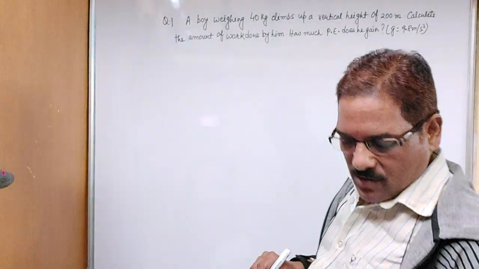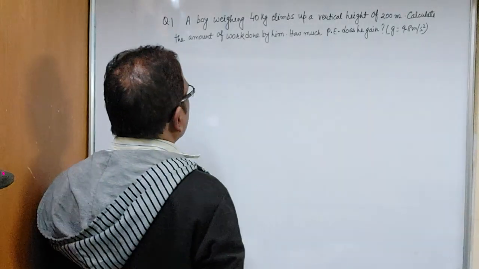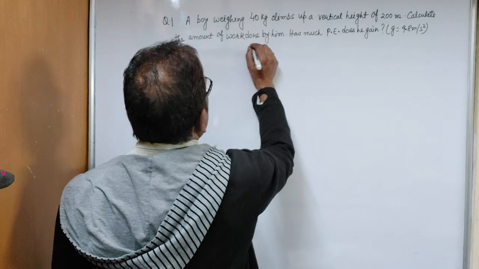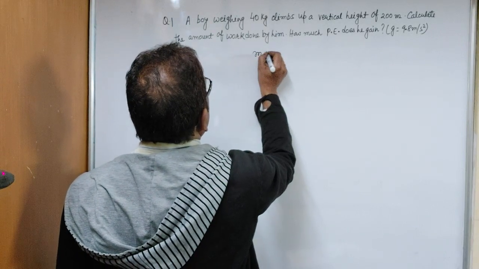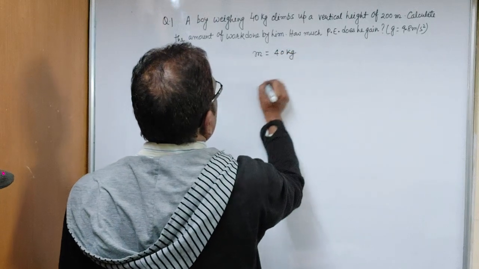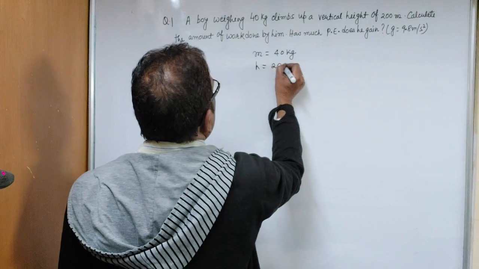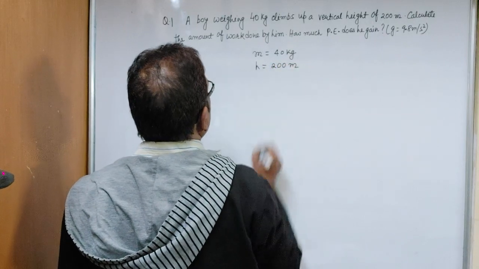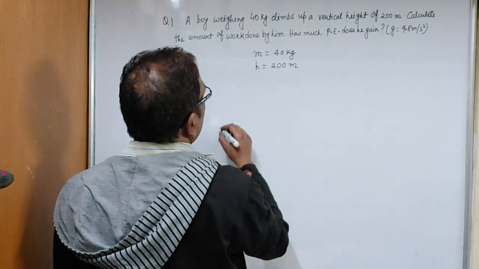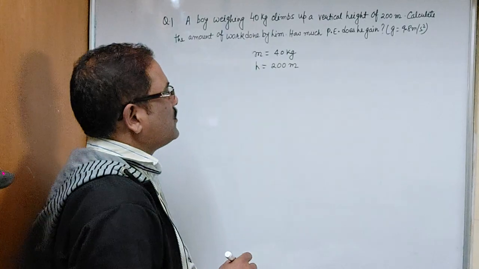So let us solve this question. First write down the given things. So a boy weighing 40 kg. So mass is given 40 kg. Height is given 200 meter. So you have to calculate the work done.